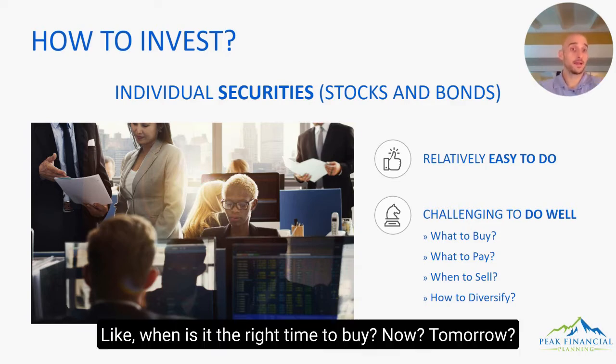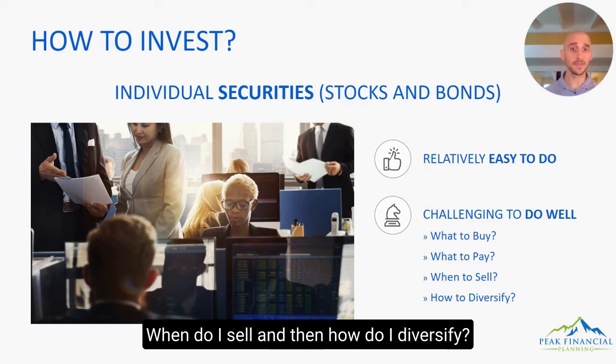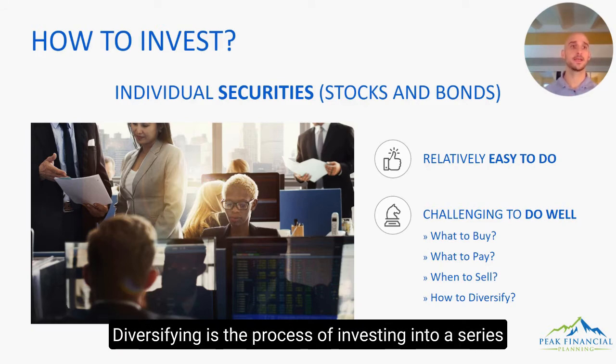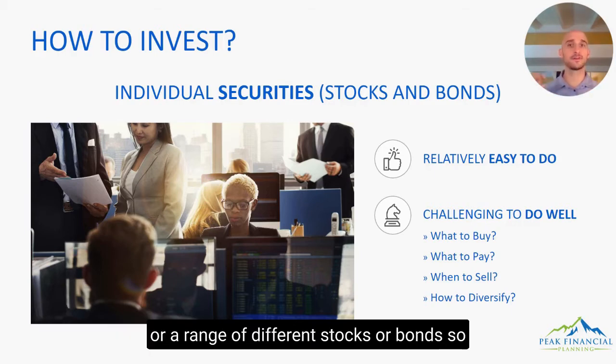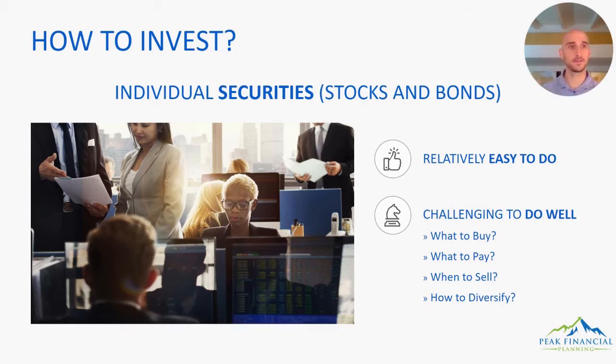When do I buy? Is it the right time to buy now, tomorrow, a week from now, a year from now, a year ago? When do I sell? And then how do I diversify? I don't want to put all my eggs in one basket. Diversifying is the process of investing into a series or a range of different stocks or bonds so that if one company or one government performs poorly, all your money doesn't go down the tube.